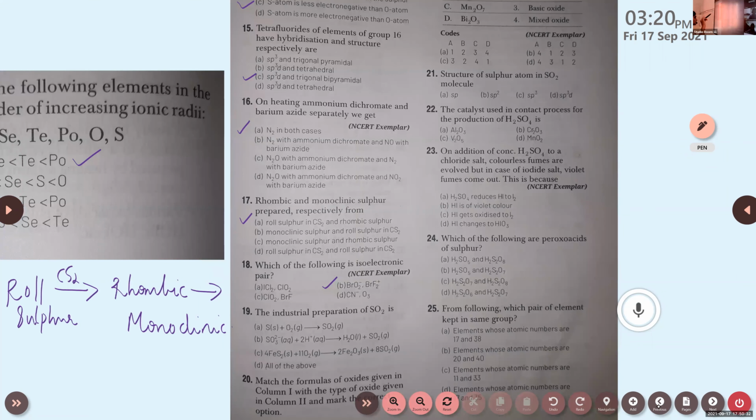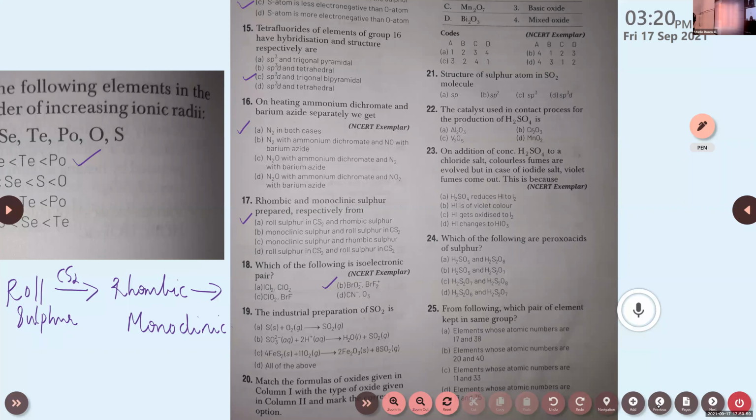Then again back to questions. Question number 90. Rijas, can you read the question? Switch on your videos. The industrial preparation of SO2 is: A. S plus O2 gives SO2.